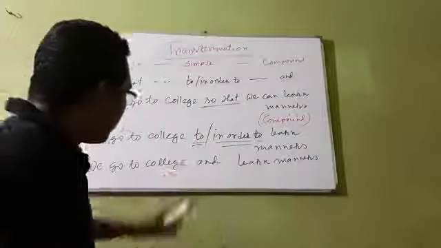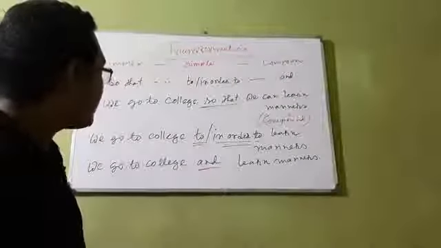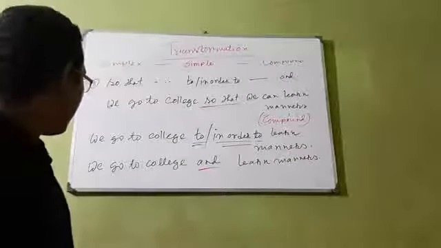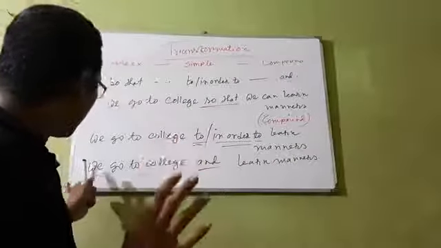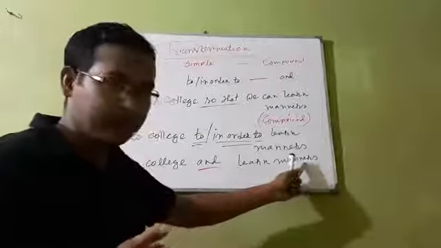Look, we have used and in the middle of the sentence in place of so that or to or in order to, and think, we go to college and we learn manners.